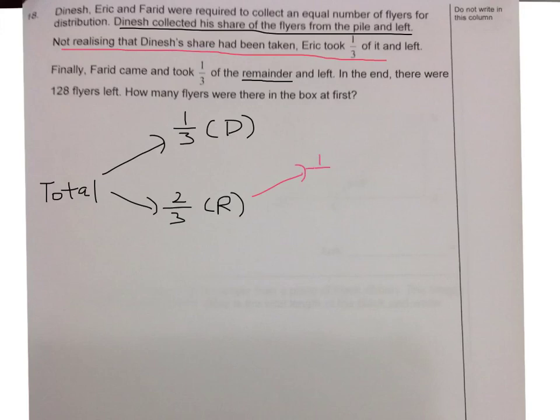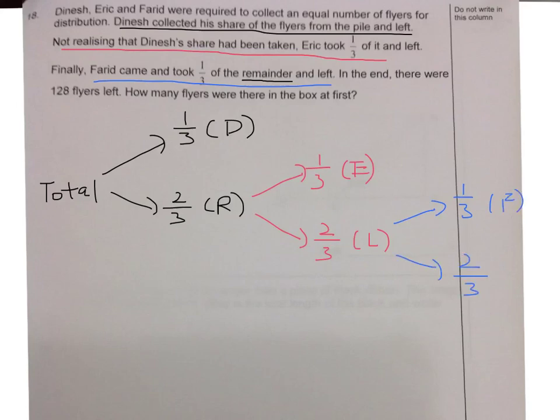So Eric took 1/3 out of the 2/3 remainder, and you have 2/3 here that's left over. Finally, Farid took 1/3 of the remainder and left, and we're left with 2/3. And we know that this is 128 flyers left.